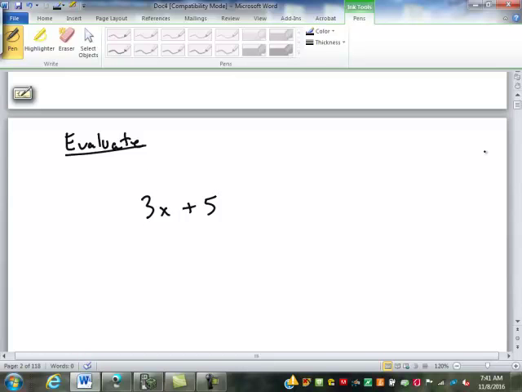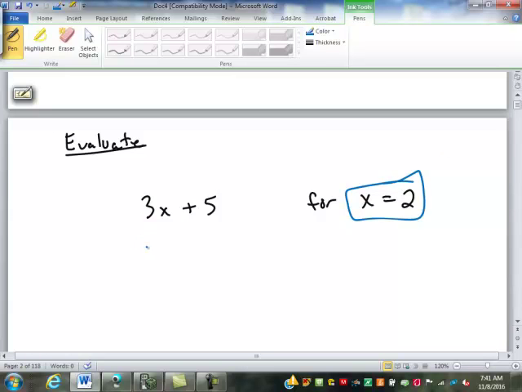It could be as simple as this: 3x plus 5 for x equals 2. What that's telling you to do is replace x with 2 and then use order of operations to figure out what that value comes to.